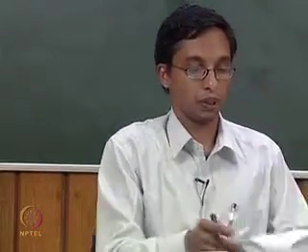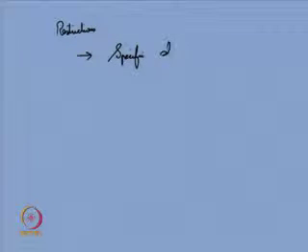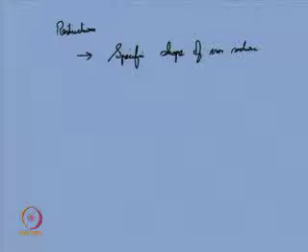So, you have to see that if there are some restrictions, say you definitely have to construct, restrictions like a specific shape of the cross section that has to be maintained.